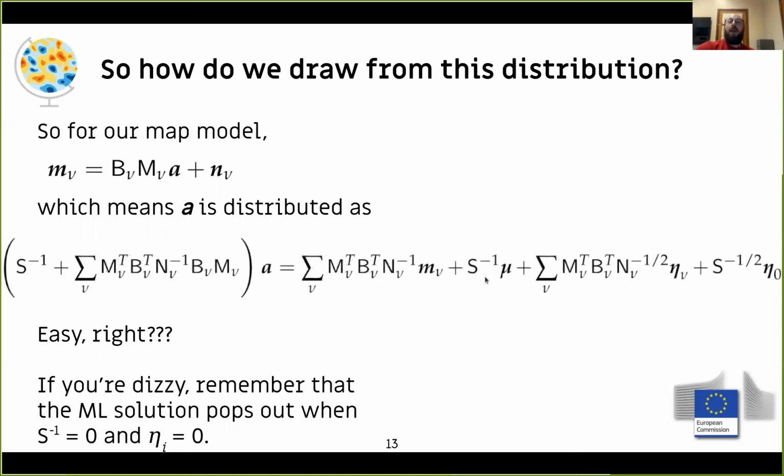But of course, we can't take that inverse, and we want to take random samples, and we want to have priors. So in Commander, what we end up doing is solving this equation iteratively, making a guess for A, and then refining that guess through an iterative procedure such as conjugate gradients.